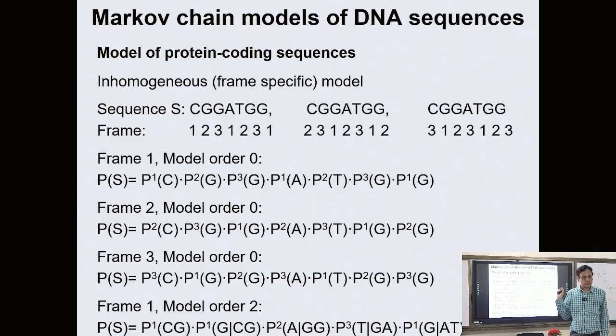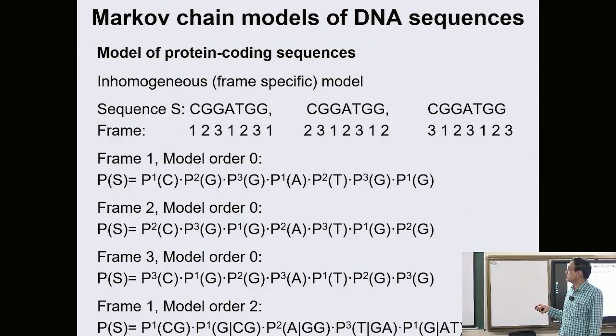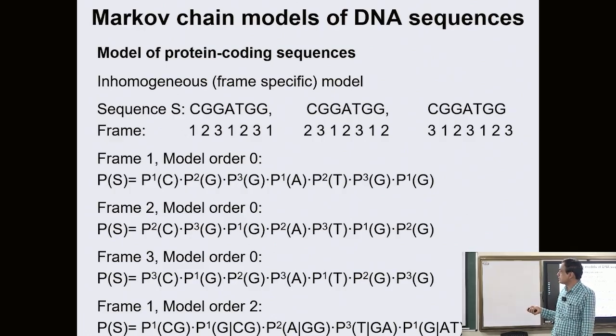So considering all these three possibilities, we can now compute the probability of this sequence to be a gene or a protein coding sequence in frame 1. If frame 1, then you have to consider this: frame 1, codon position 1 for the first nucleotide.